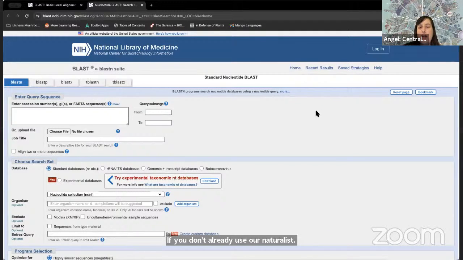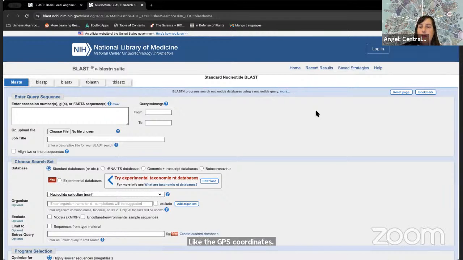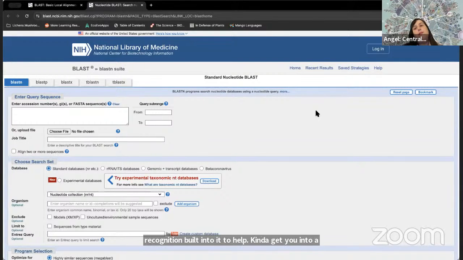It's a great community science project, and all that data you can put in the notes. And then the metadata, some of it's already there just based on the EXIF data that's taken from your photo off your camera, like the GPS coordinates. And there's pattern recognition built into it to help get you into a ballpark.